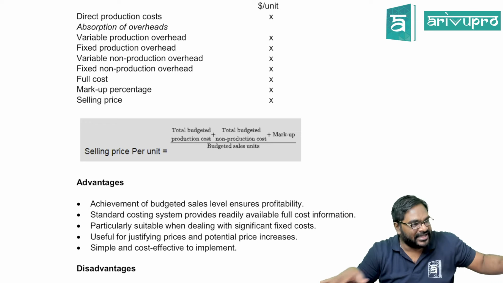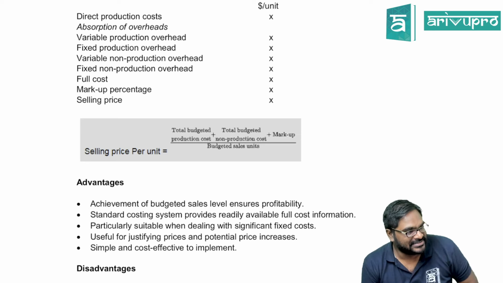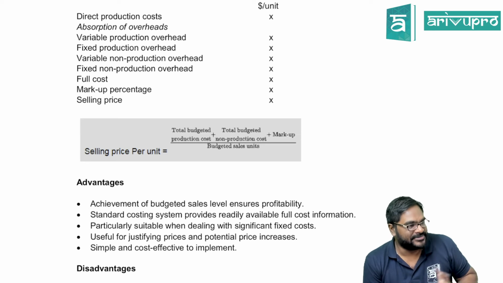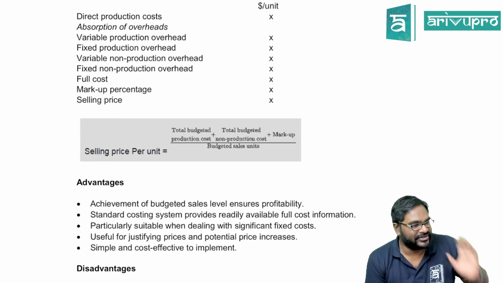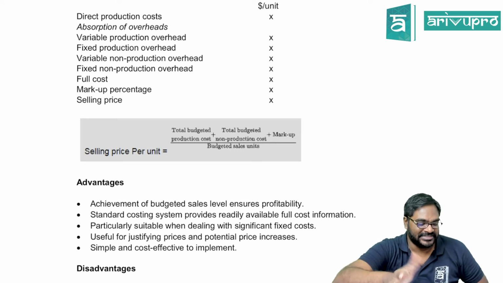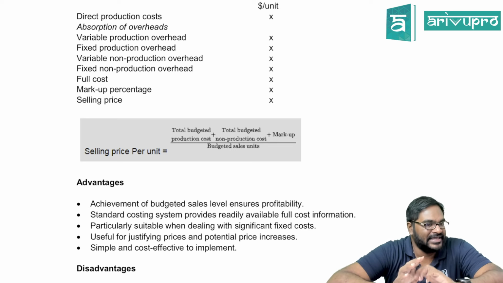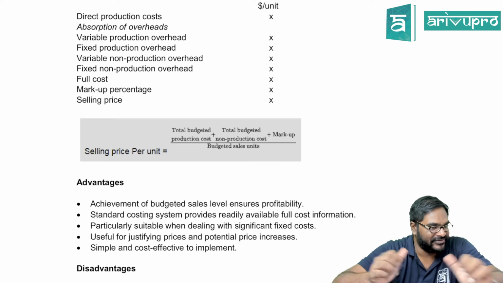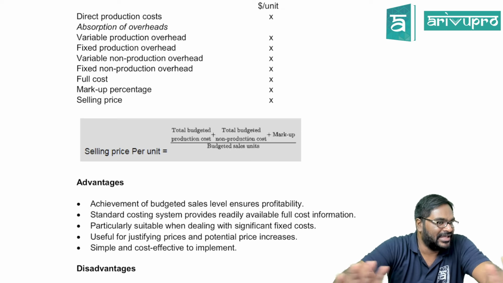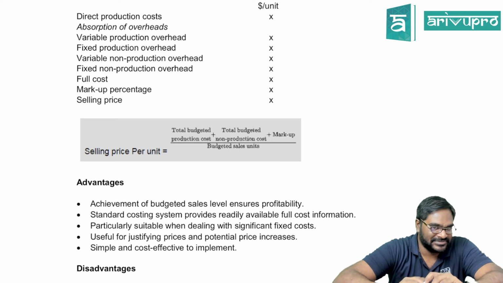If you divide it by your budgeted number of units, that would be your unit sales price. That's how we are going to use this traditional costing method when we are arriving at the price. Are we good? Any questions up to now? Right.